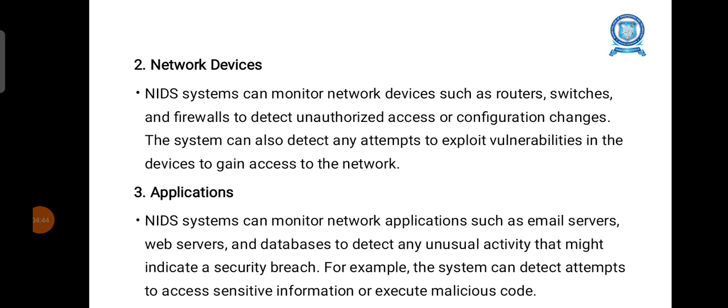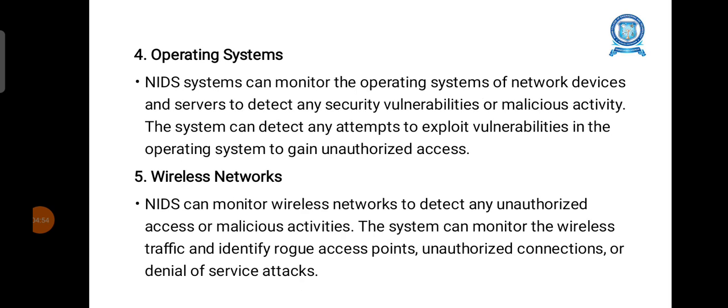Applications running in a network or the host systems in a network can be monitored for any unusual activity that might indicate a security breach. Then the operating system and its functionality can be monitored. Activities coming from the wireless networks can be monitored to identify any rogue access points, unauthorized connections, or denial of service attacks.